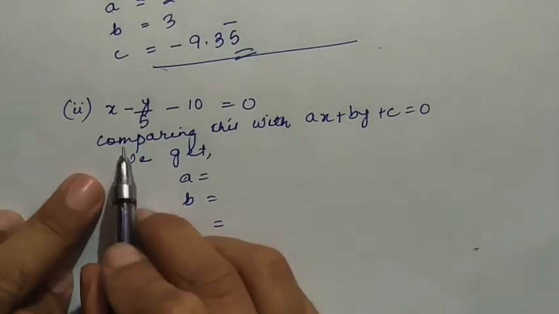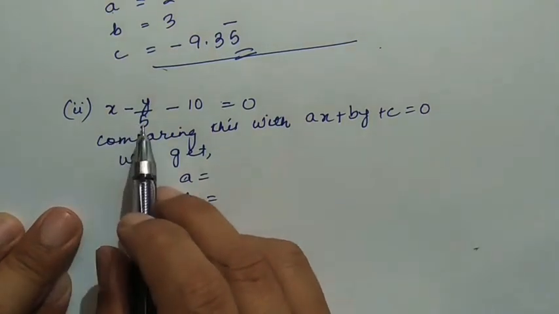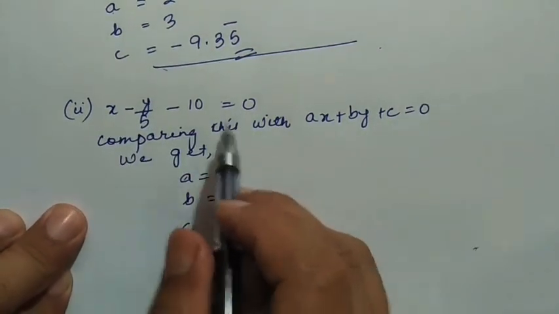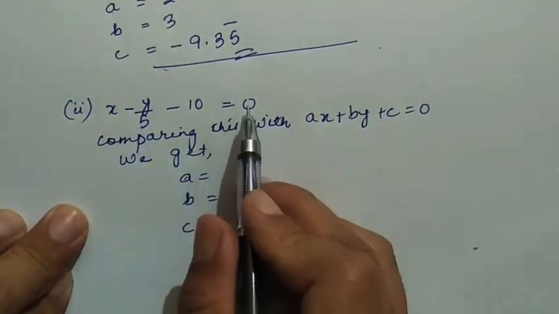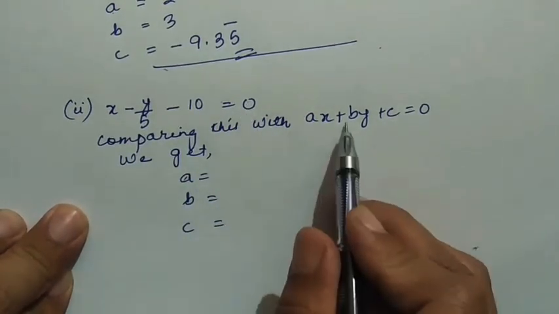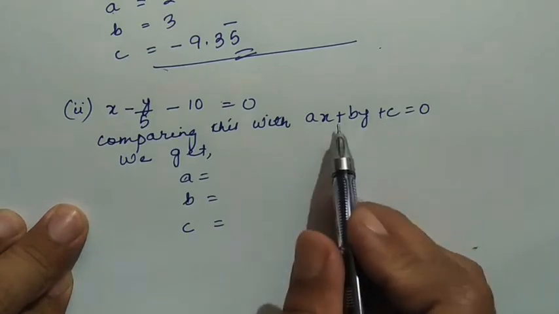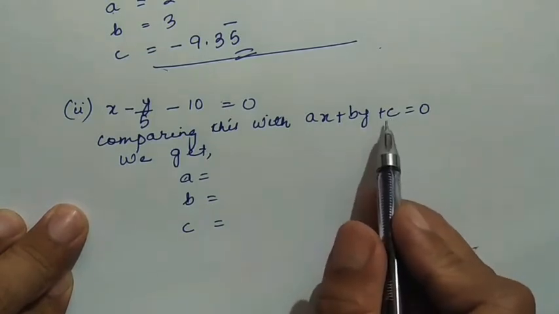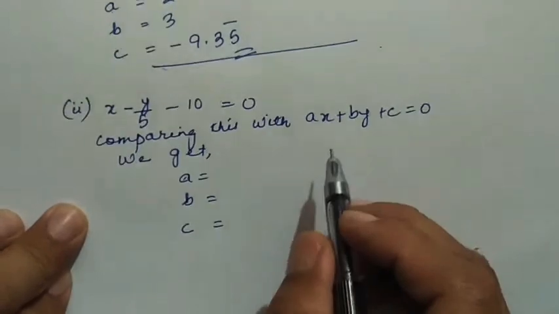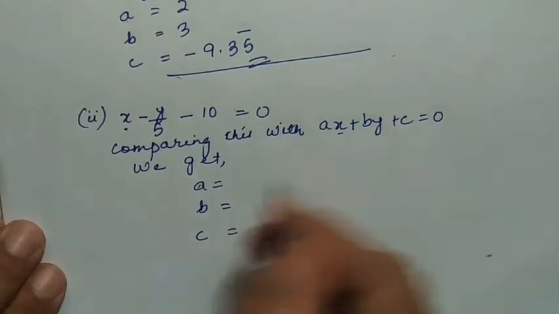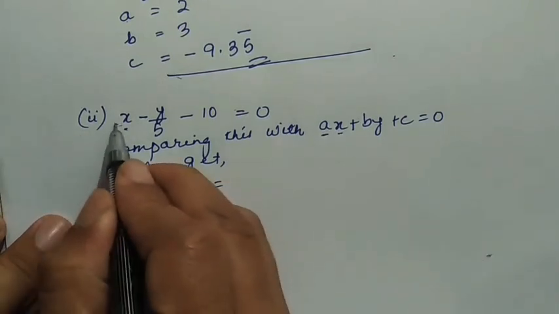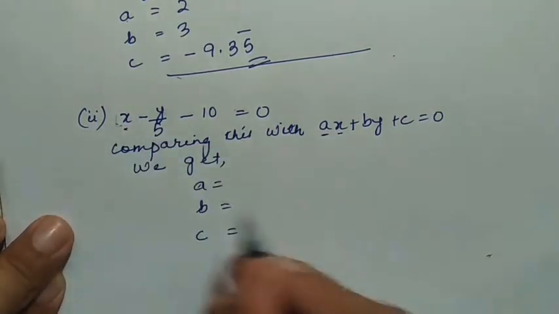Okay, now number two. The question says x minus y by 5 minus 10 is equal to 0. Again see here, all the values are on the left hand side and the right hand side is 0, so we compare directly to find a, b, c. Here x has no number before it, which means 1, so a will be equal to 1.